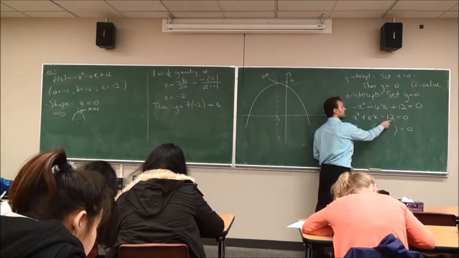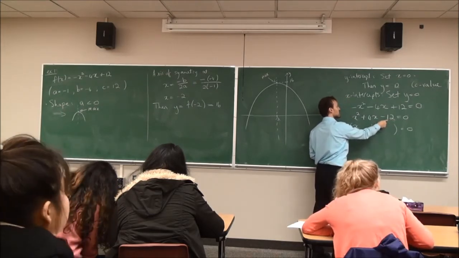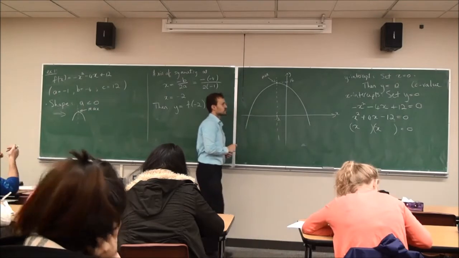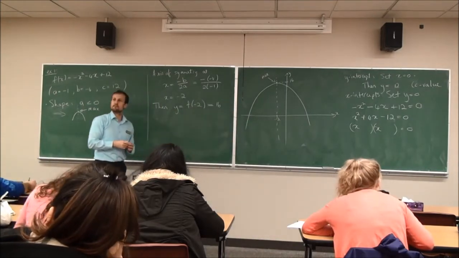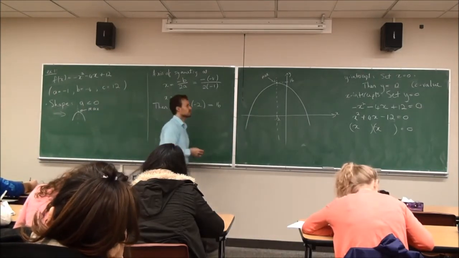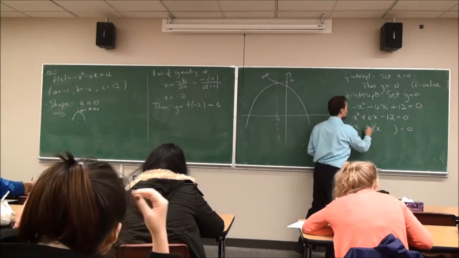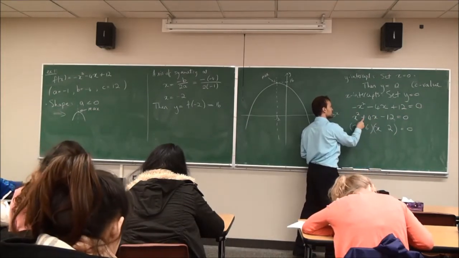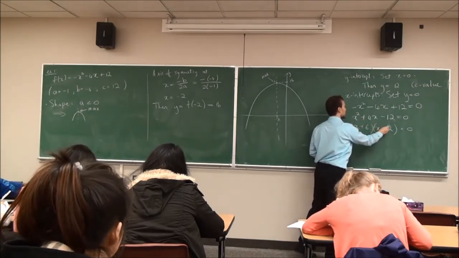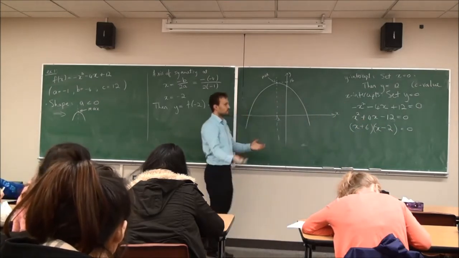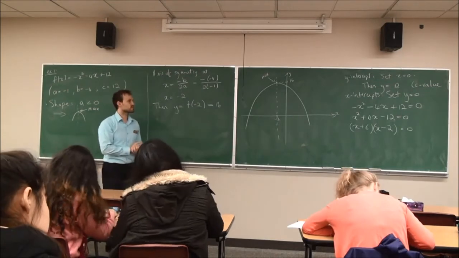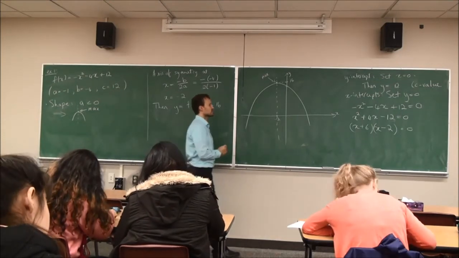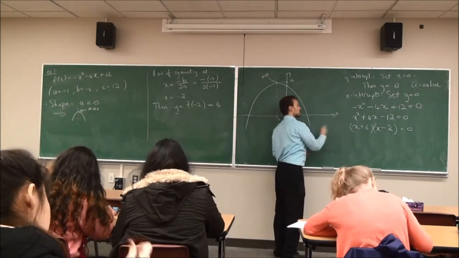So I'm looking for factors of 12 such that the difference is 4. 6 and 2. What are the signs? Different signs. The biggest one gets a plus. And you can always check it: multiply them out, see if I get my previous equation, then I did it correctly.